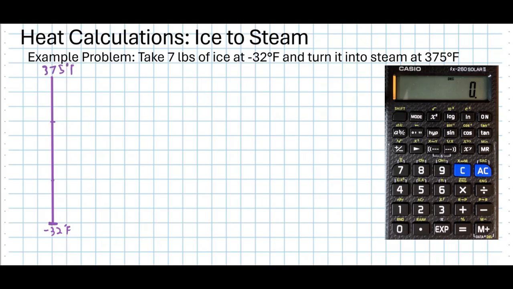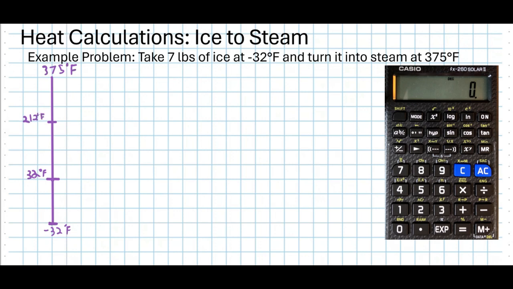And we know we're dealing with water. So we need to know where the state changes occur. For water, using the imperial system here, we know that water freezes at 32 degrees Fahrenheit. We also need to know that water will boil at 212 degrees Fahrenheit.